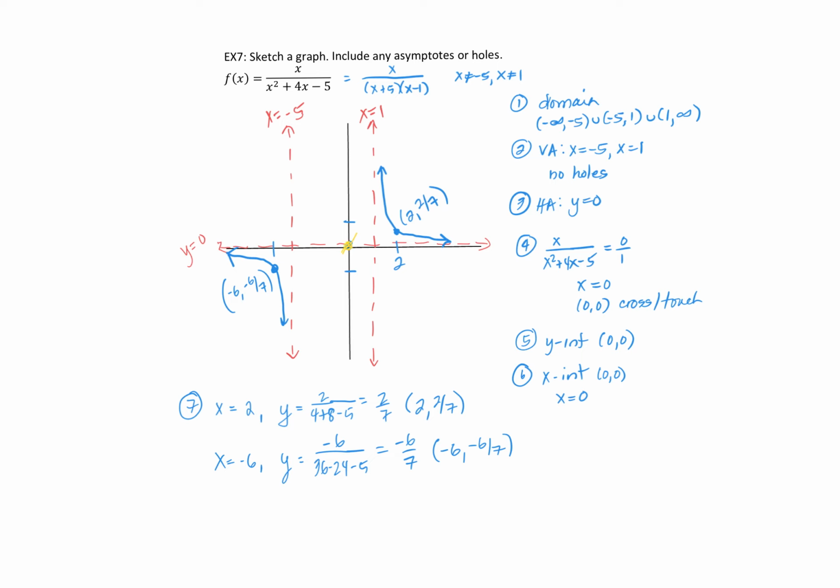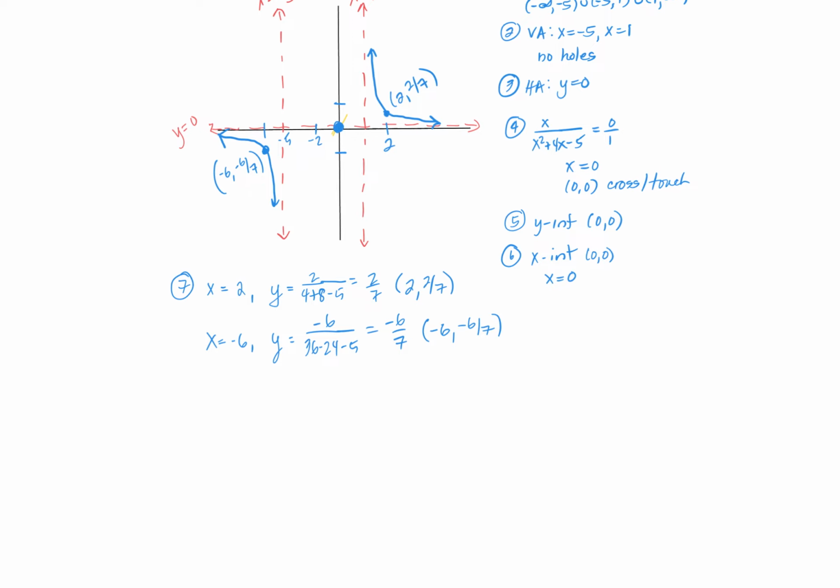So maybe a good point to try would be, let's see, this was -5, right? Where this other vertical asymptote was. So we have x values between -5 and 0. Maybe we could choose a -1 or a -2. Maybe I'll do a -2, kind of more in between the -5 and the 0.